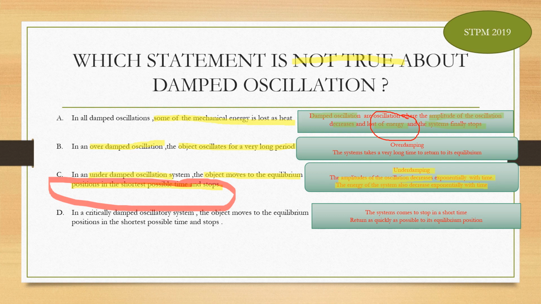Now let's look at the next one. In a critical damped oscillation system, the object moves to the equilibrium position in the shortest possible time and stops, which is true, because if you look at your notes, you will realize that the system comes to a stop in a short time and returns as quickly as possible to its equilibrium position.